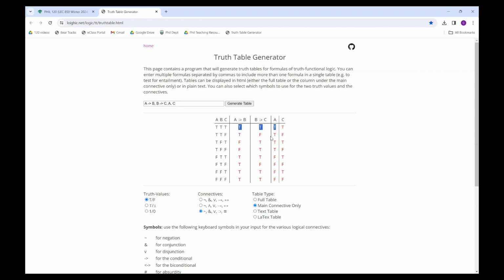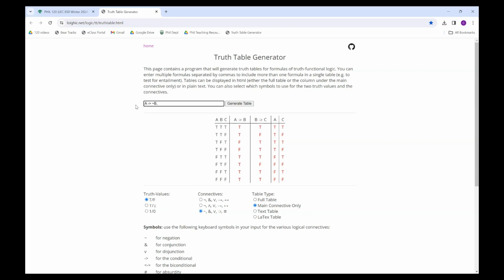That only happens in one case, which is here. And in that one case, C, our target sentence, is also true. And that means that this set does in fact entail that sentence. There's no row of the truth table where all of those members of the set are true and the target sentence is false.